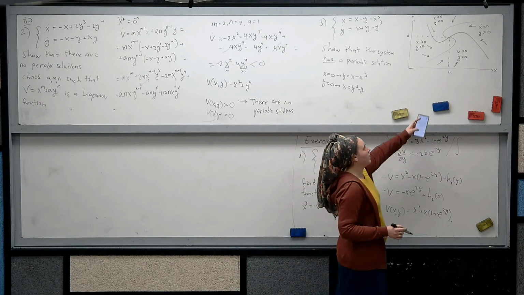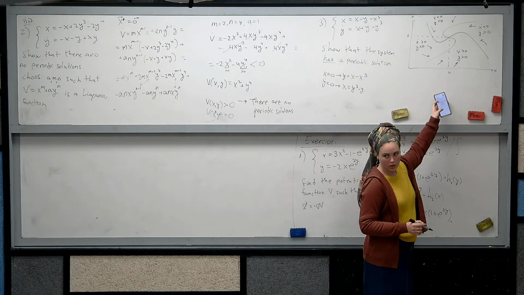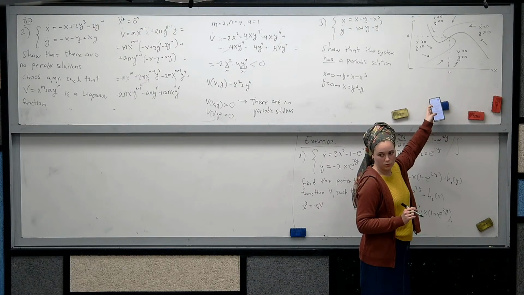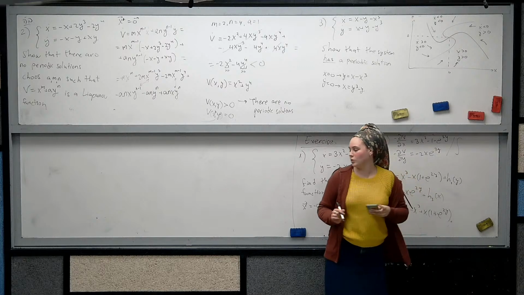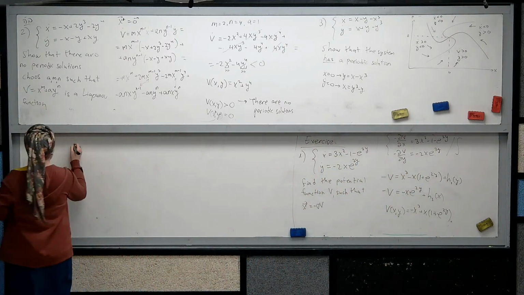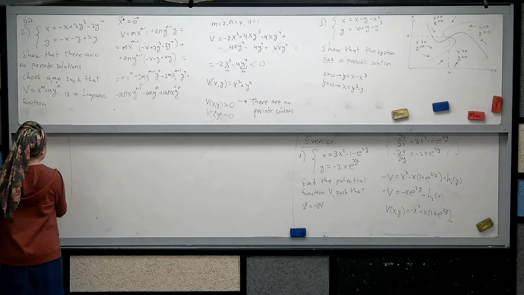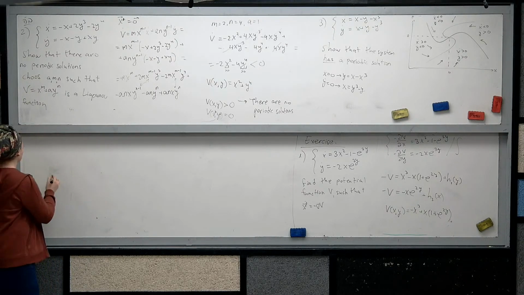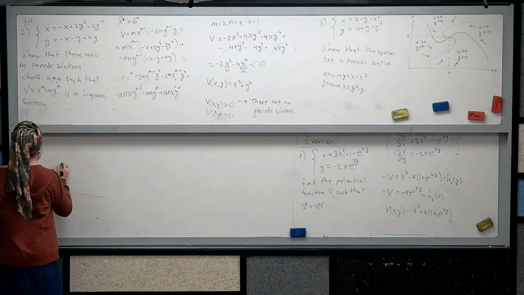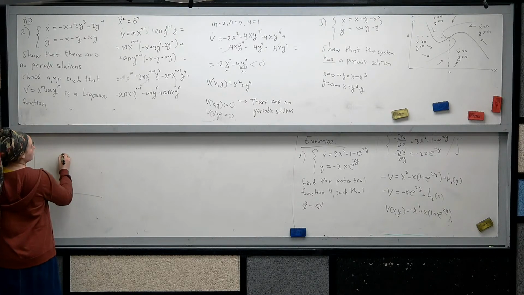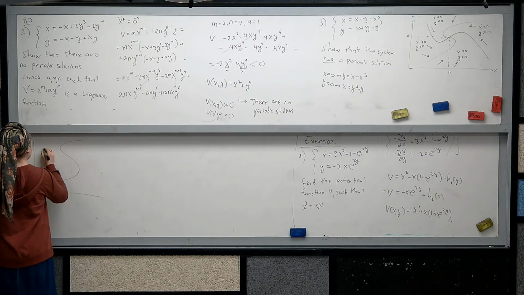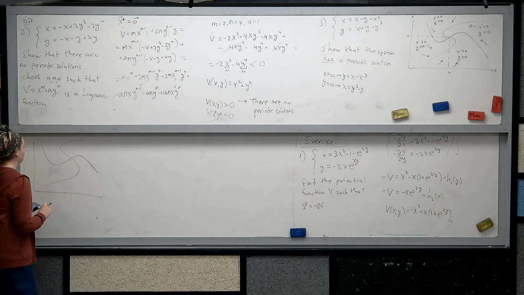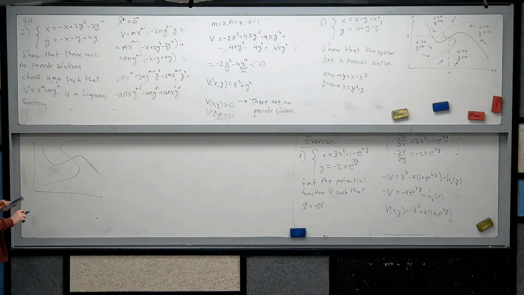Is it clear why there is a closed loop, or should I do it slowly? Okay, so let's look at this.